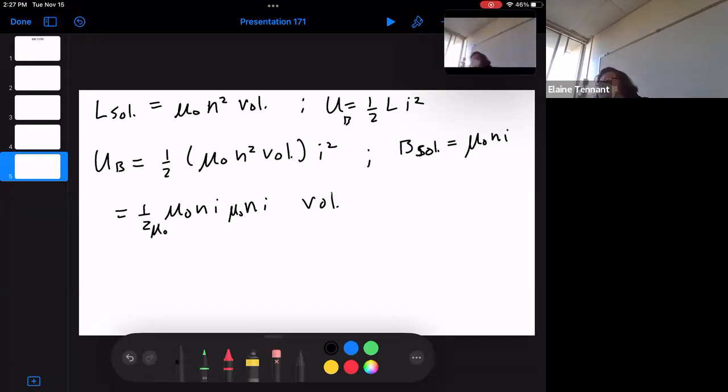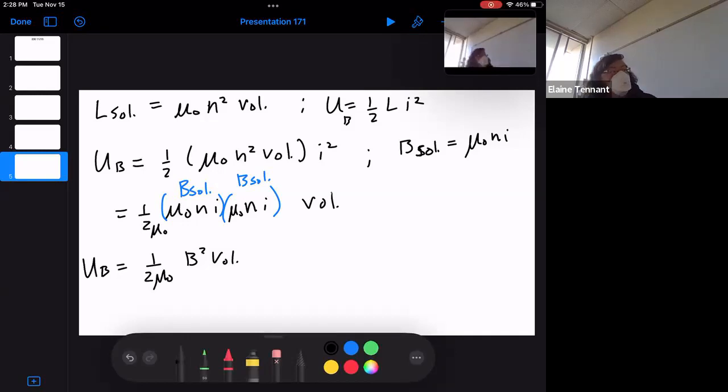So I'm just multiplying by 1. That's allowed. And so now there's one B field of a solenoid, and another B field of a solenoid, so I have a B squared. So this is 1 over 2 mu naught B squared times the volume of whatever solenoid we're talking about.